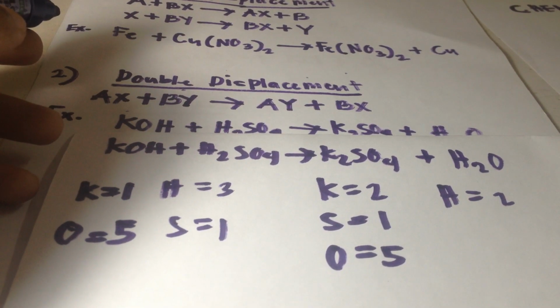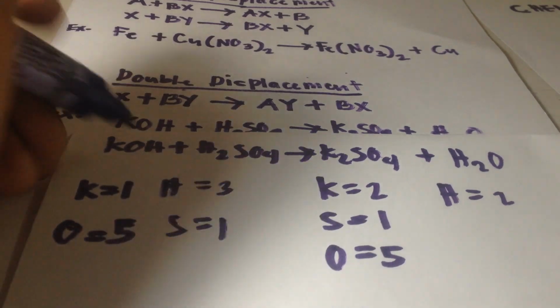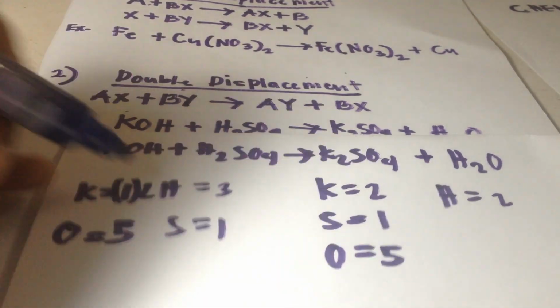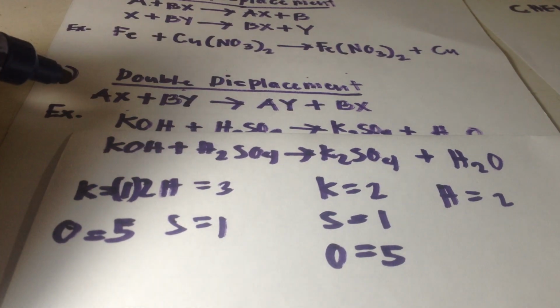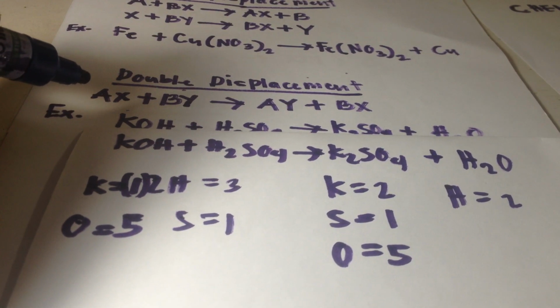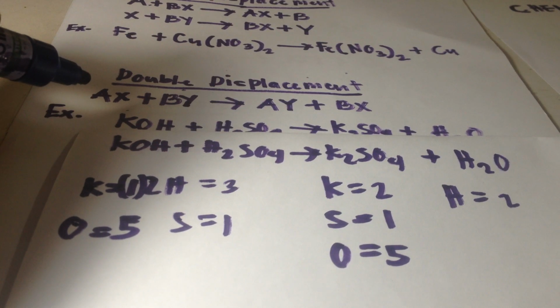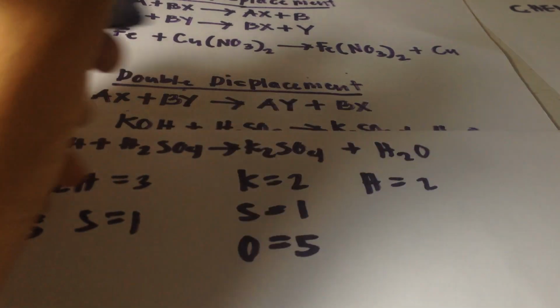So you need to think analytically. We multiply potassium by 2 here. Then in hydrogen, we need to multiply by 2 too.